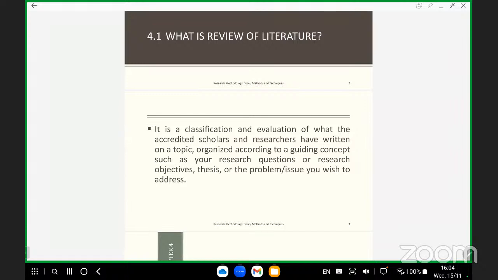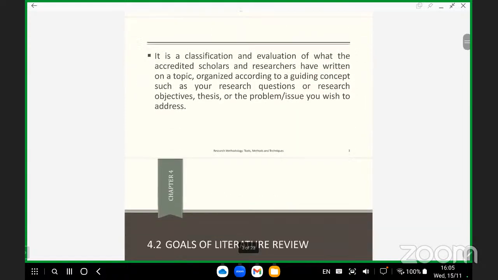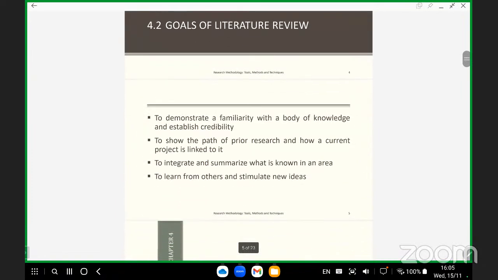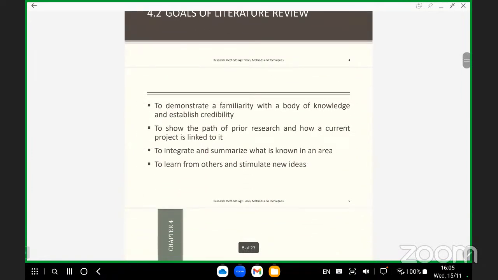Jadi nama pun itu research itu adalah singkatan, ya, aktiviti yang sama. So you have to classify, you have to evaluate, and you have to compile, organize according to the area of interest of your research question ataupun research objective ataupun the problem that you wish to address. Okay. Jadi itulah dia untuk definition. What is the simpler definition on literature review? Okay, apa goals dia? Of course, ada goals. Bukan saja-saja buang masa.